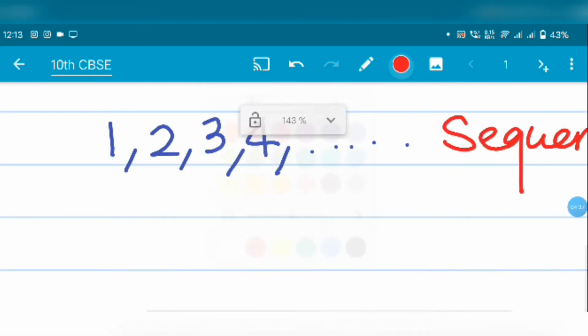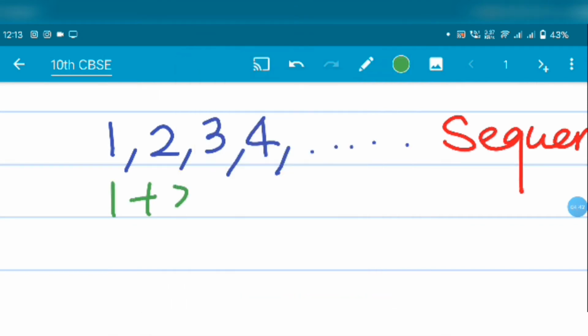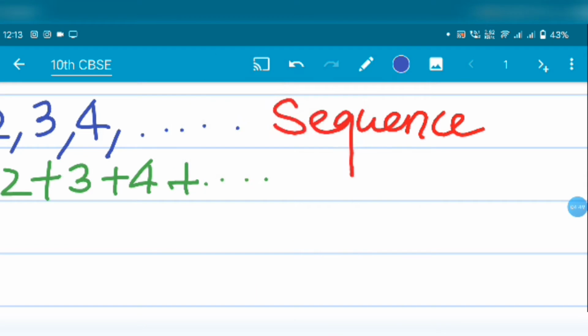The same thing, if I write in this manner, try to understand: 1 plus 2 plus 3 plus 4 and so on. Then this is known as a series.